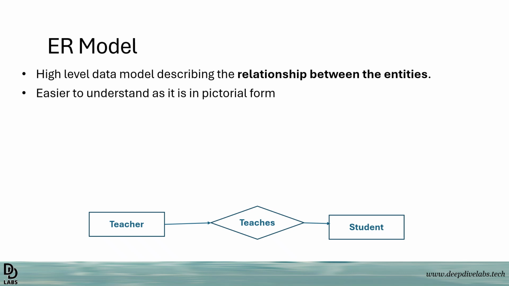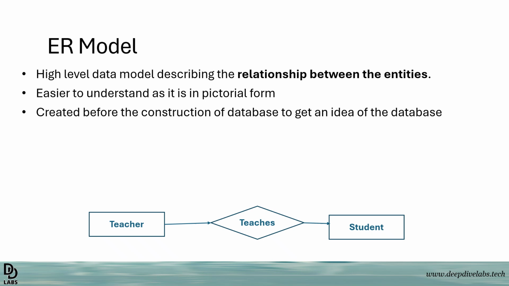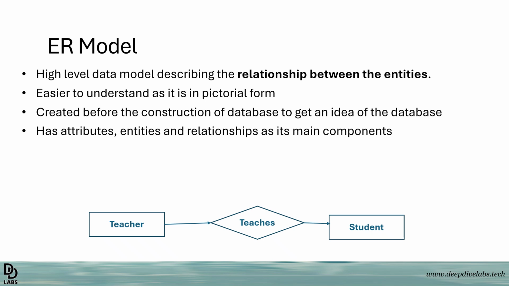This pictorial way of representing the ER model is easier to understand. It's created essentially before the construction of the database to get an idea of the database. So this is the conceptual data model the ER model represents.